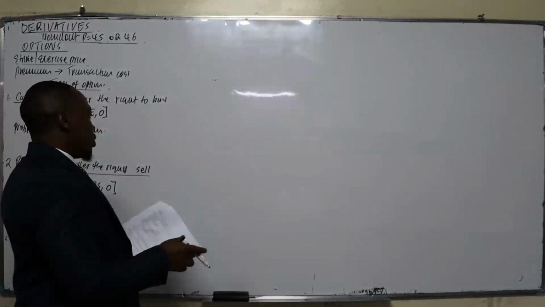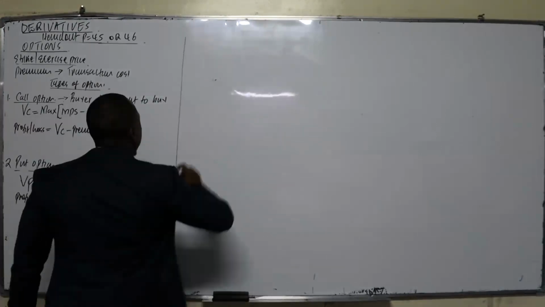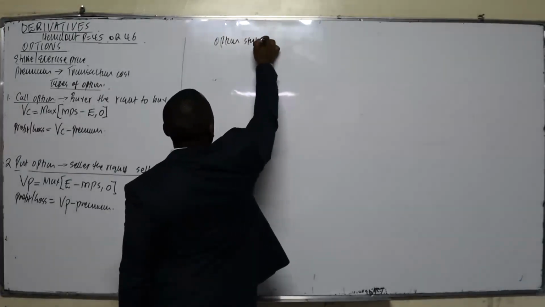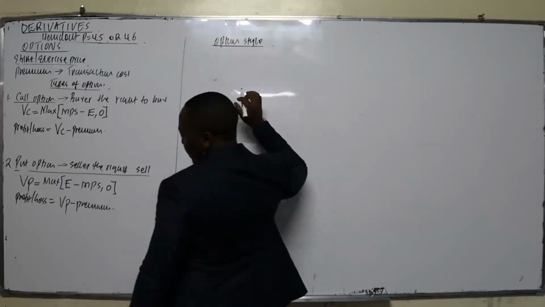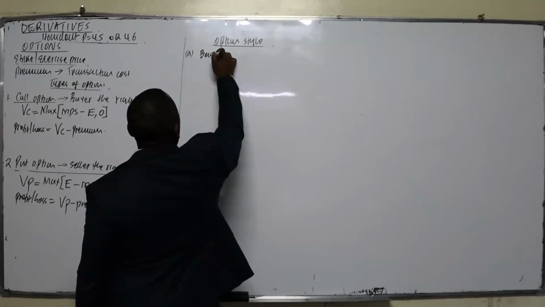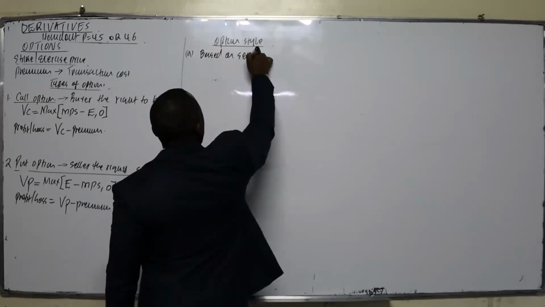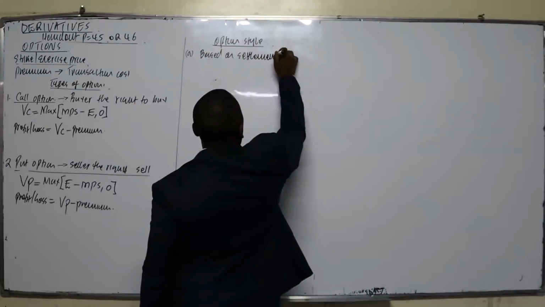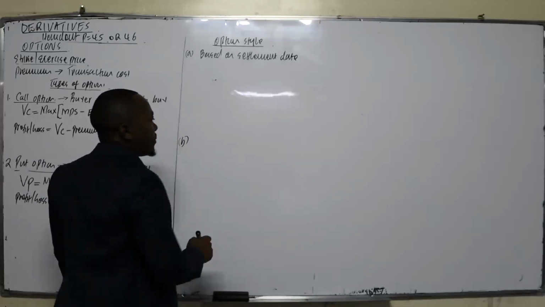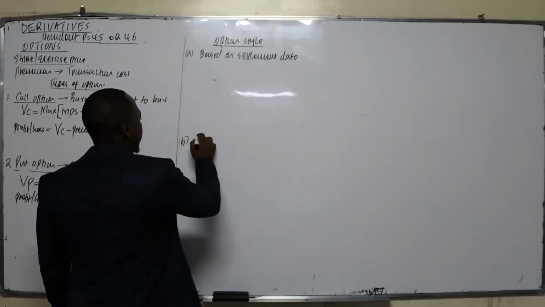Now we look at option style. Option style can be classified into two: A, based on settlement date, and B, based on the profit or the payoff.